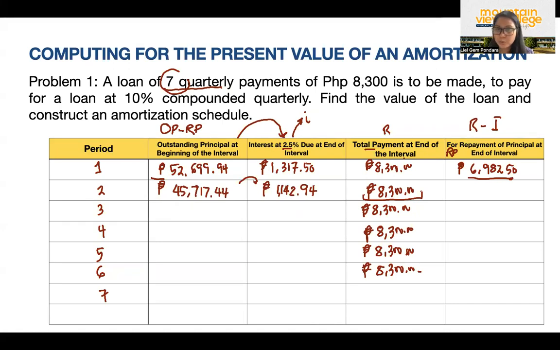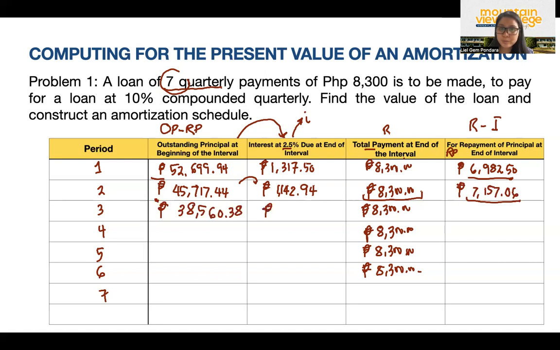Therefore, you are just paying 7,157.06 for the principal. This one will be subtracted from here. So our balance is now 38,560.38.